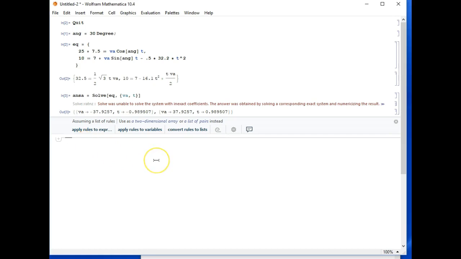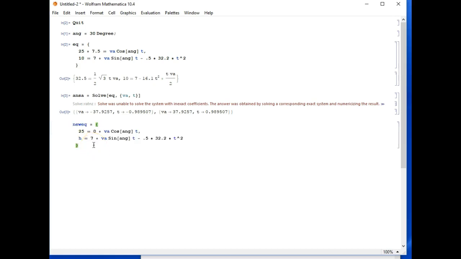For the second part of the problem, I will pause and type it in and then come back. Okay, so here are the equations for the second part. It's basically 25 is where the guy is jumping. The h I don't know. If you look at the unknowns, the things that are blue, there's a VA, but that should be the same VA that I had before.